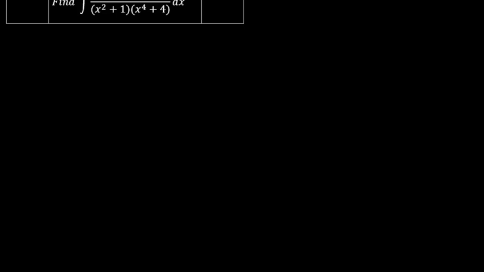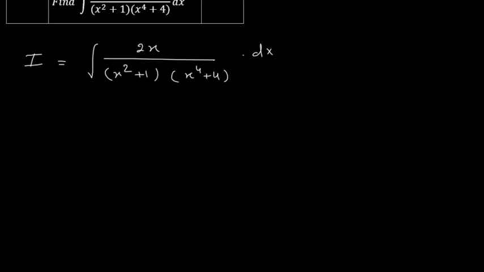The 8th question is: I is equal to the integration of 2x divided by x square plus 1 into x power 4 plus 4, into dx. Easily we can figure out that here we have to substitute x square equal to t. Therefore 2x into dx will become dt.